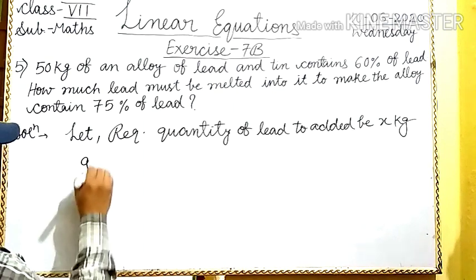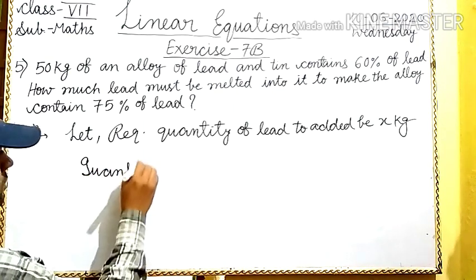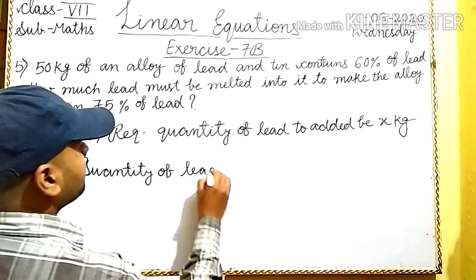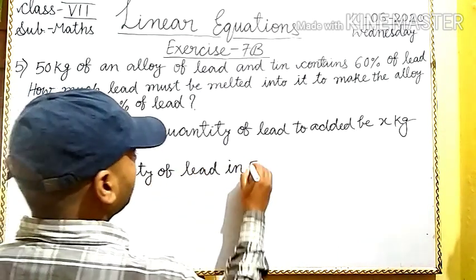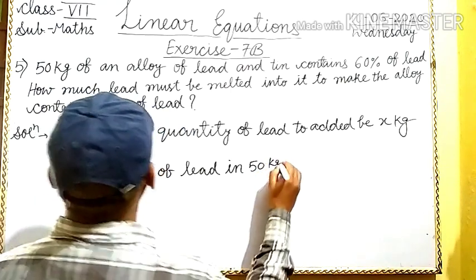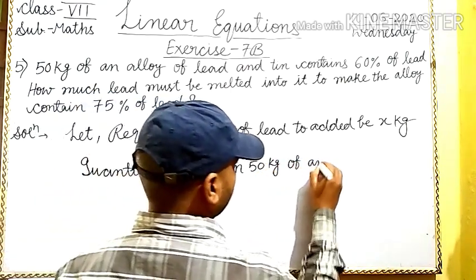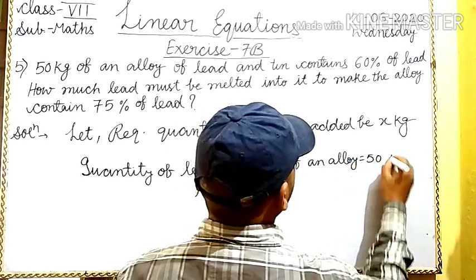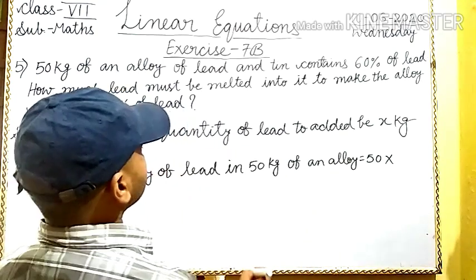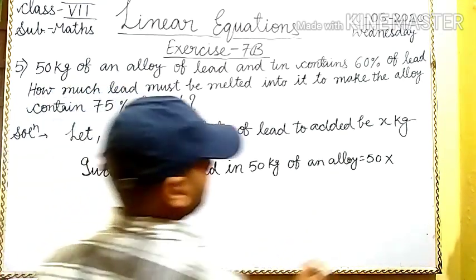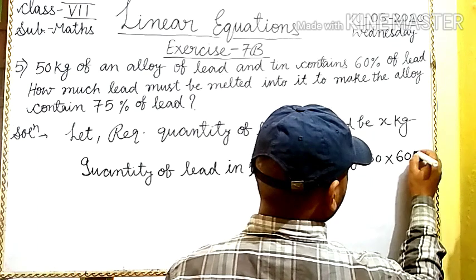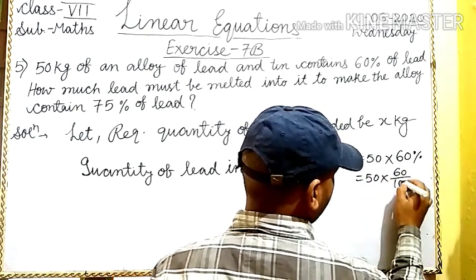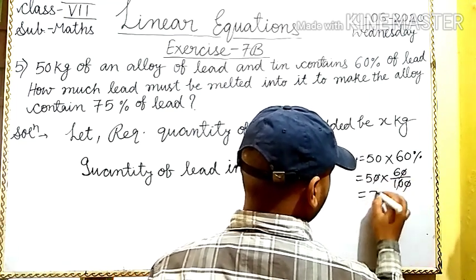And then we find the quantity of lead in 50 kg of alloy. Here 50 kg contains 60% of lead. So 50 kg of 60%, that is 50 into 60 upon 100, cancel out, we get 30 kg.